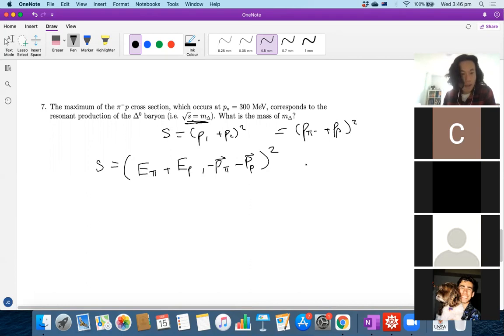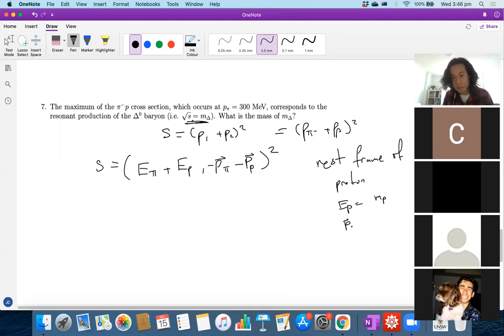Now again, we can work in any frame that we want. So let's work in the rest frame of the proton. That means the energy of the proton is just equal to its rest mass, and the 3-momentum is equal to 0. And that makes it quite easy.